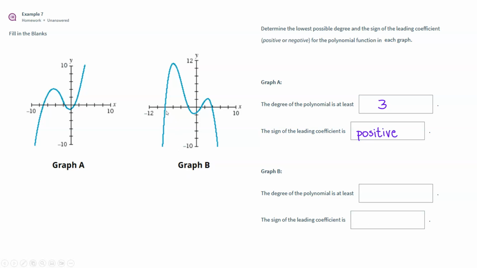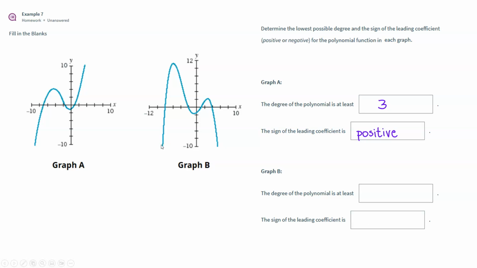This one here, I have 1, 2, 3, 4 horizontal intercepts. I have 3 turning points. That indicates the degree of this polynomial has to at least be 4. It also goes to reason with that because it should be an even degree polynomial, because the polynomial graph has its endpoints pointing in the same direction.